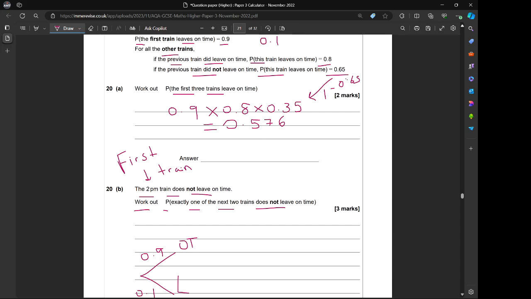Then we've got all of these other branches. So look at this here quite carefully. So we can have late and on time.